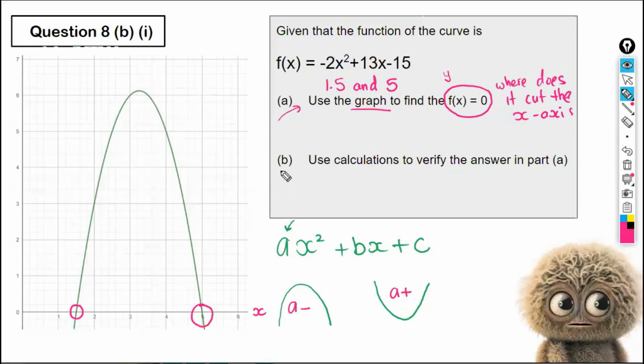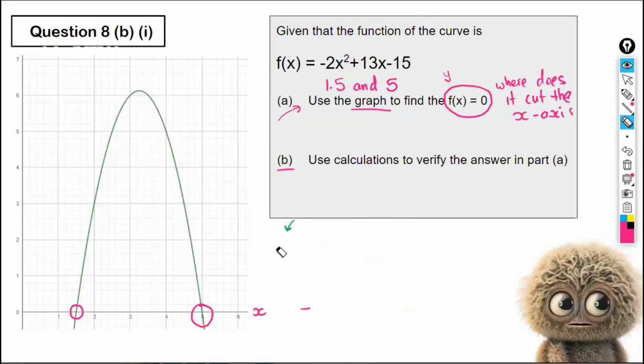Now I'm going to ask you all, in part B, I want you to verify these two answers using calculations. The easiest way to do that is just use the quadratic formula. You all remember the quadratic formula, this one here, minus b plus or minus. Whenever we use this formula, we get two answers.